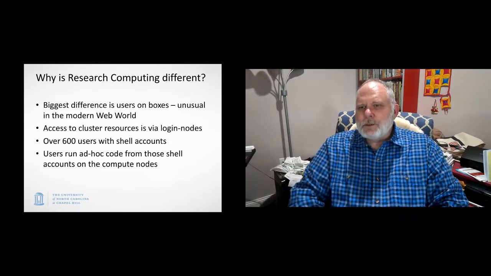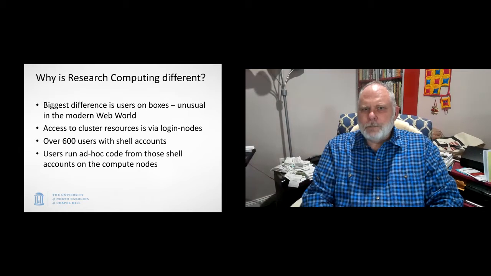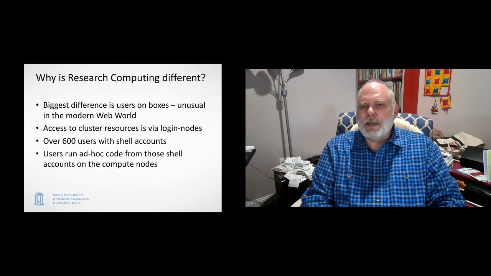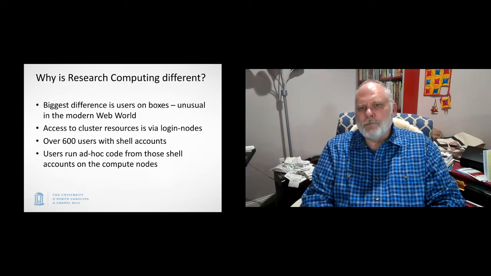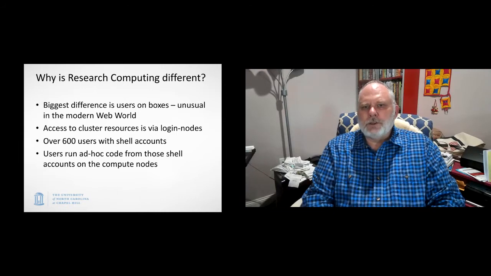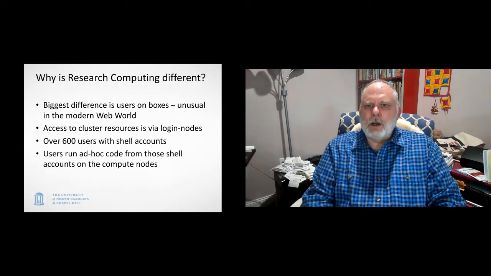One of the biggest differences in what we do is that we provide access to compute resources via direct login, which is unusual. Mostly these days, people provide applications hosted in a web environment. We provide shell accounts. We have over 600 users with shell accounts. Those users are allowed to run ad hoc code from accounts on those nodes.